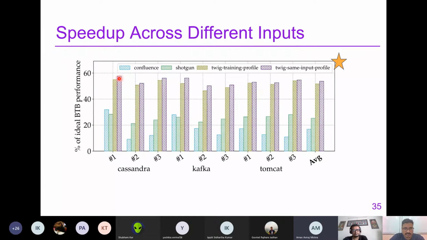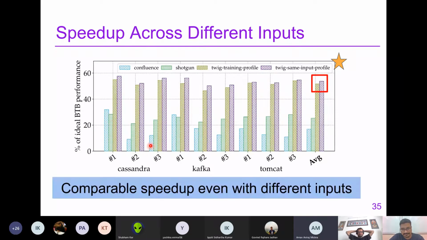The last purple bar shows Twig performance with the same input profile, for comparison. For all three applications, Twig with a different profile and Twig with the same input profile have comparable performance, and both outperform Confluence and Shotgun.